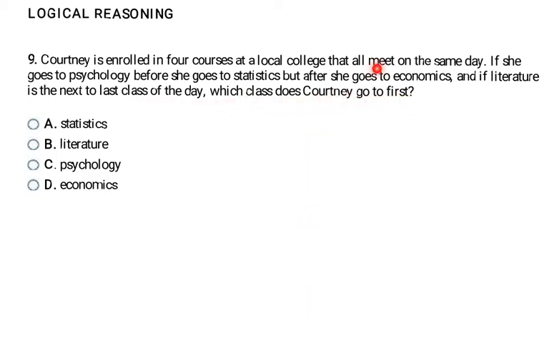So I'm going to make a list using the information I was given here. First, I was told psychology before statistics. So that means psychology is before statistics. Okay, so it's earlier in the day. But after she goes to economics.